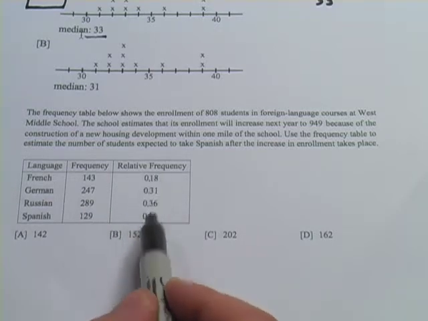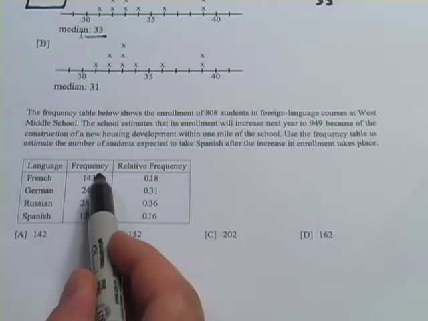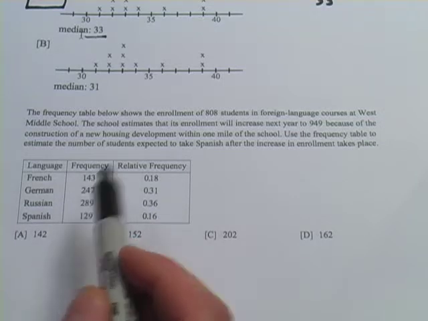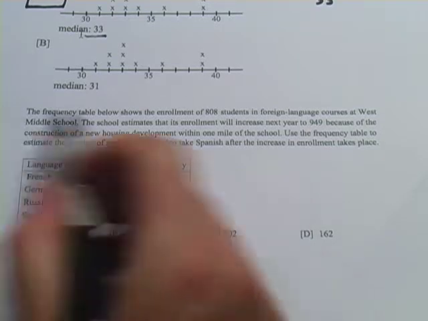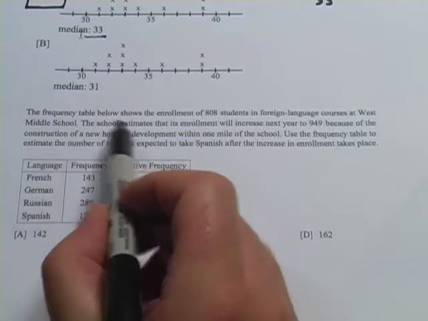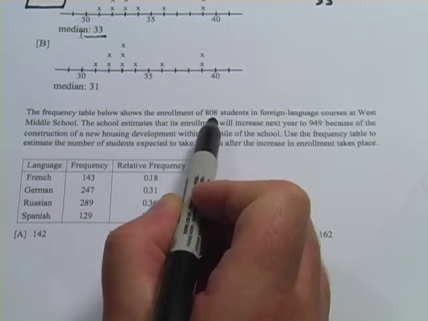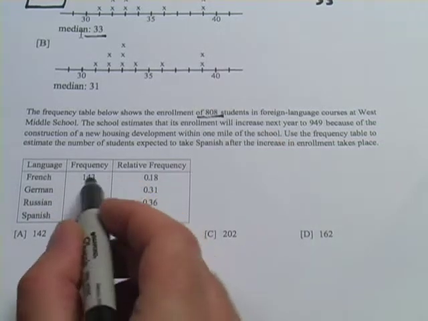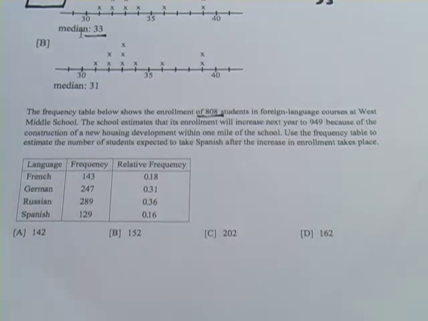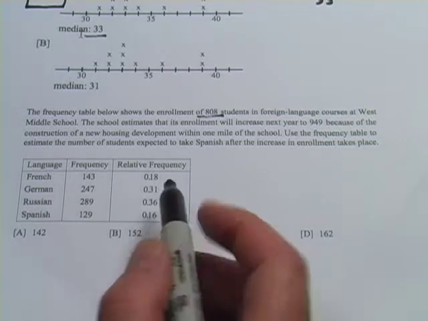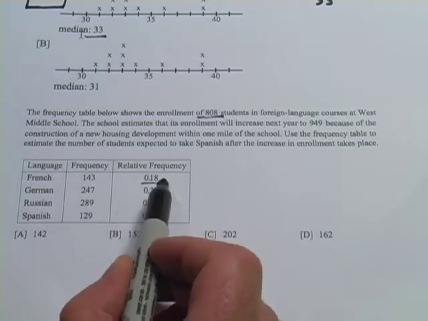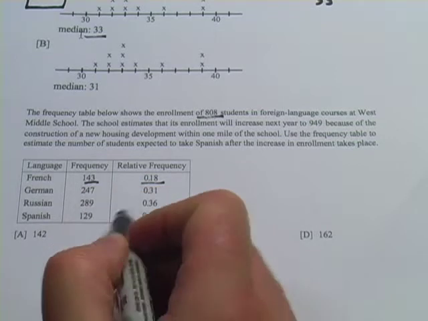They get a relative frequency by taking the number of students in a language and dividing it by the total. So you can see here, the frequency table shows below the enrollment of 808 students. If 143 are in French, I can take 143 divided by 808, I'm using my calculator now, and I get 0.18 as a relative frequency. So this number here is just that number divided by the total.